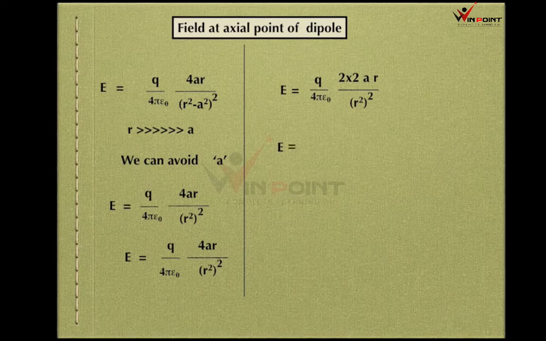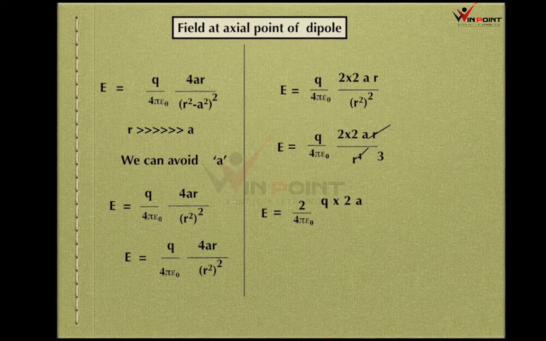Equal to q by 4 pi epsilon 0, 2 into 2ar. (r square) whole square means r raised to 4, and this r and r raised to 4 will cancel each other, so there will be r cube. Then we can write equal to q by 4 pi epsilon 0, 2 into q2a all divided by r cube.